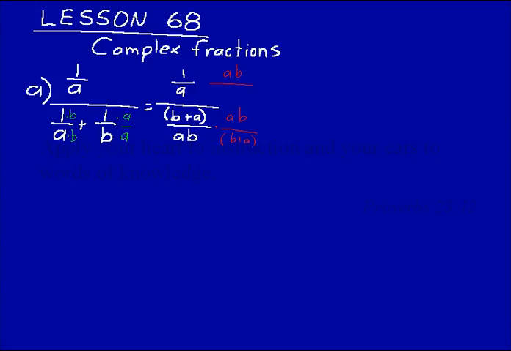Everything on the bottom cancels, and then on the top, this is all multiplication, so this a and this a can cancel, and then we just end up with b over b plus a, and so that would be our answer, b over b plus a.